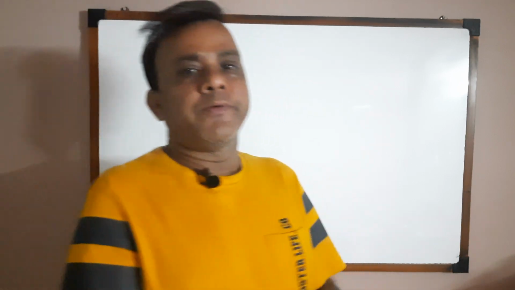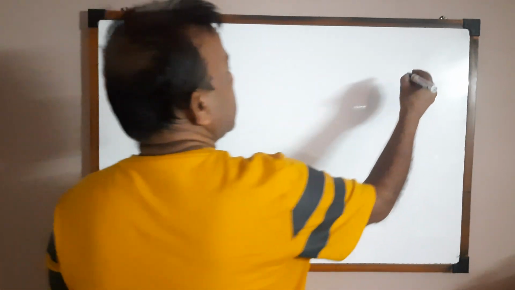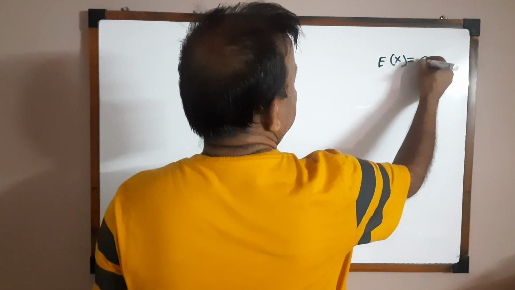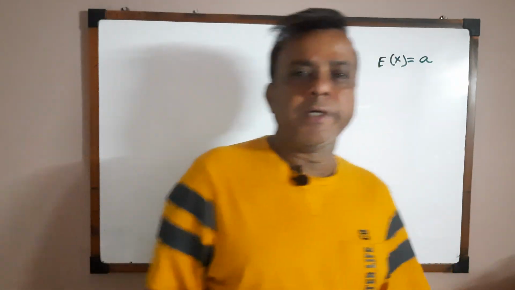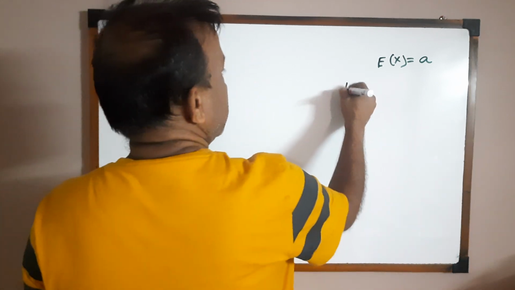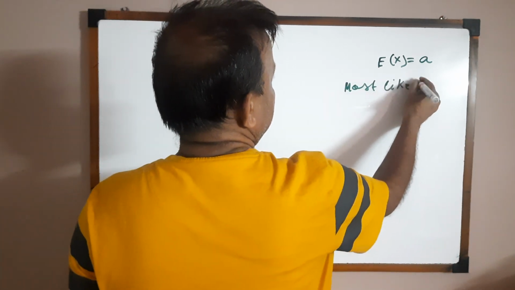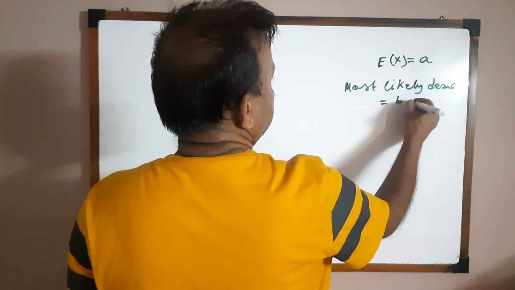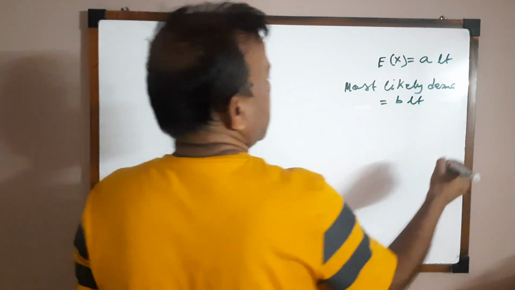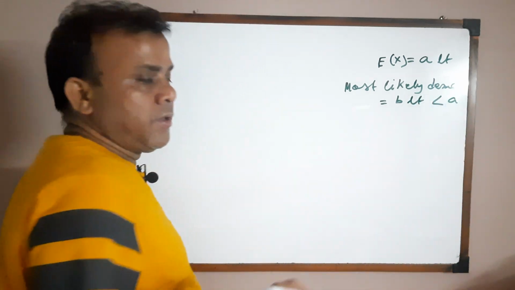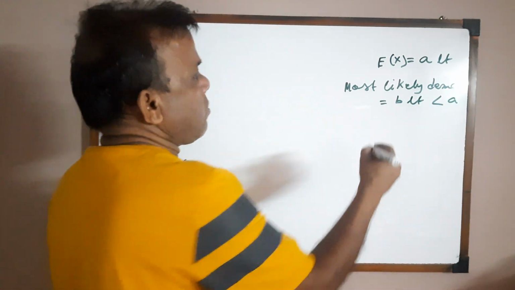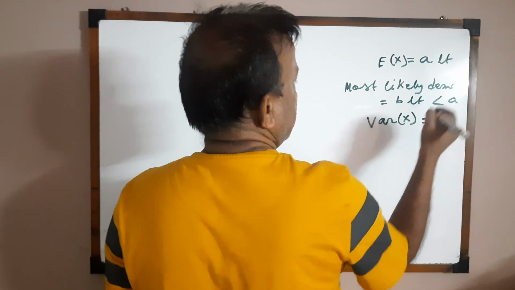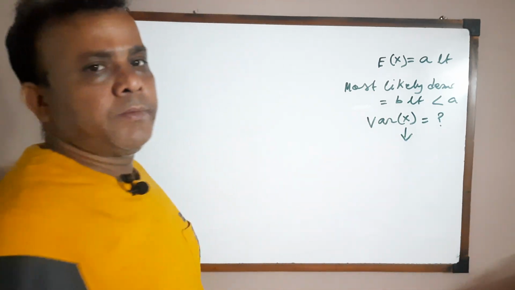If the average demand of milk is A liters, and most likely demand is B liters, and B is less than A, then find the variance Var(x) of Erlang variable x.